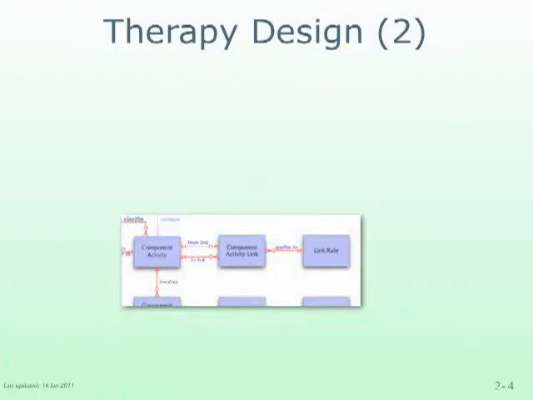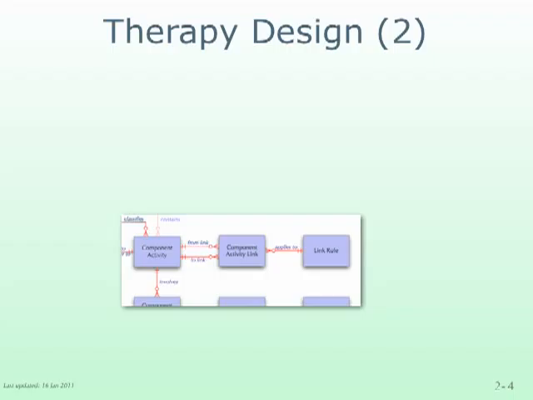Next, we have a small group of data object classes that define the workflow that links the activities together in such a way that they can be automated by the Stroke Rehab app.